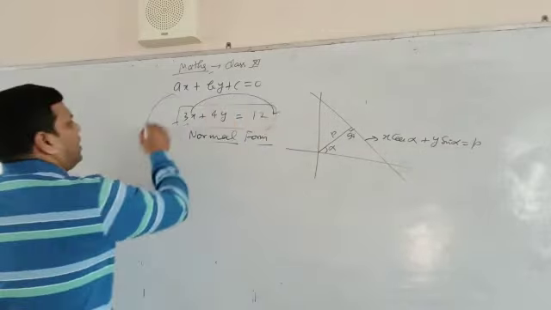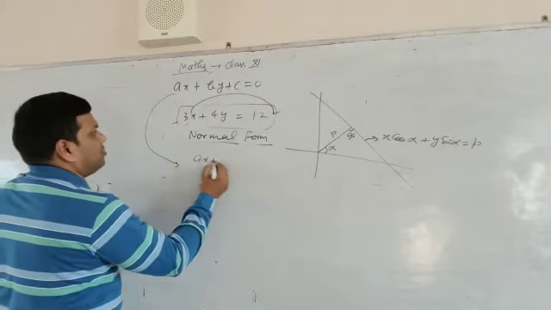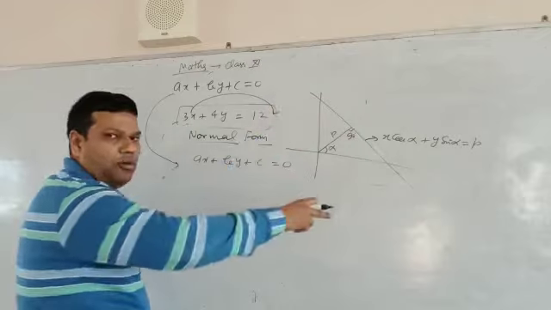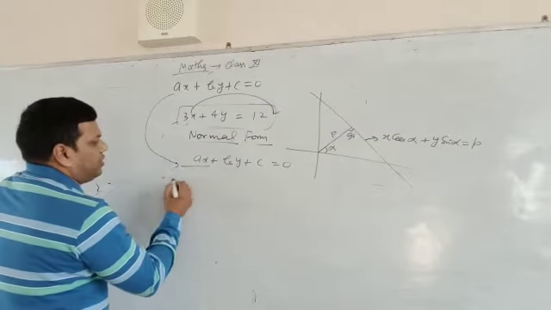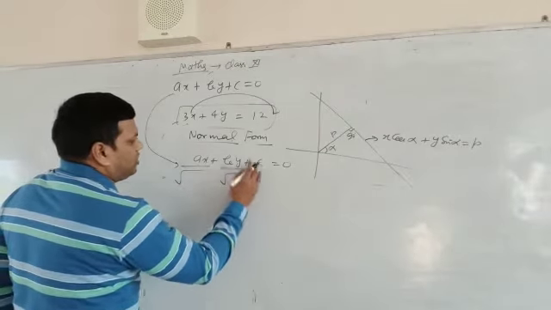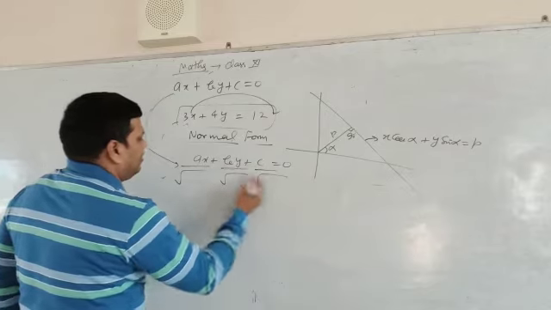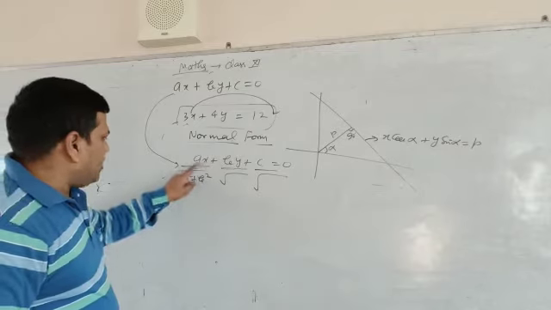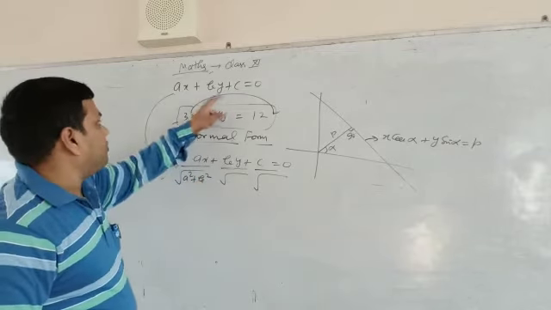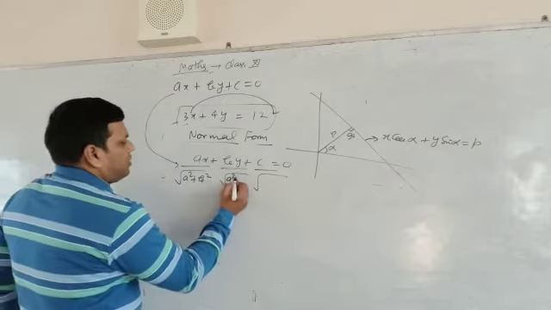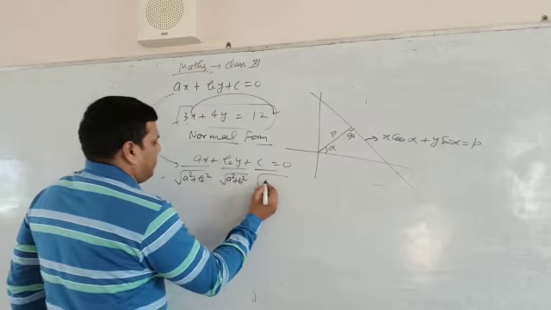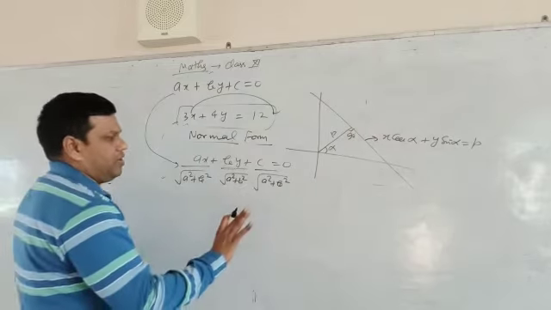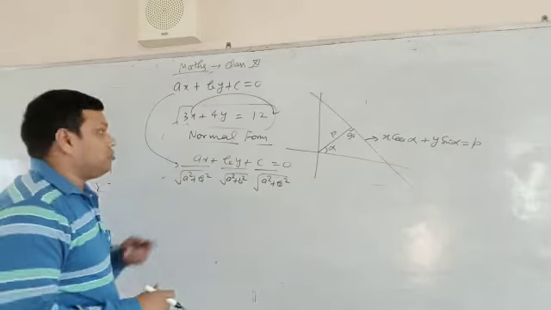If the equation is given to you and you have to change it into that form, you have to divide the whole equation by root of a square plus b square, where a is the coefficient of x and b is the coefficient of y.